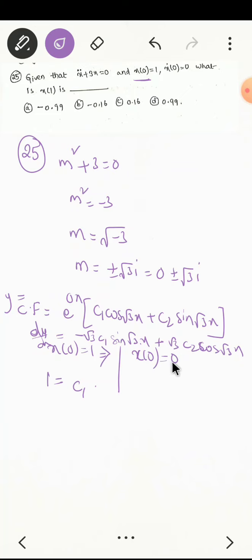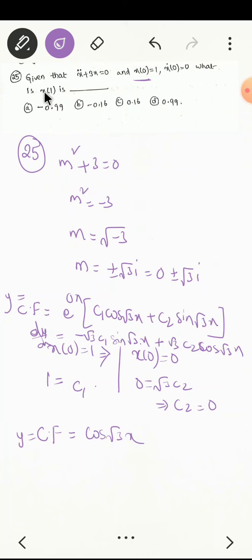If I substitute 0, sin 0 is 0, cos 0 is 1. So root 3 c2 equal to 0, that is c2 equal to 0. So c1 is 1, c2 is 0. So cos root 3x is my solution.